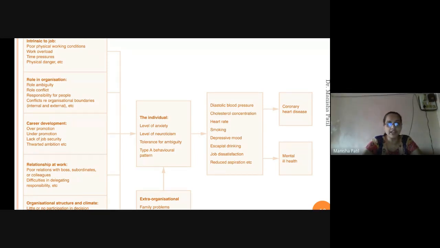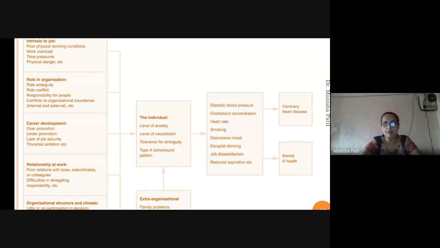Then you have individual characteristics: level of anxiety, level of neuroticism, tolerance for ambiguity, type A behavior pattern. Then you have extra-organizational problems: family problems, life crisis.